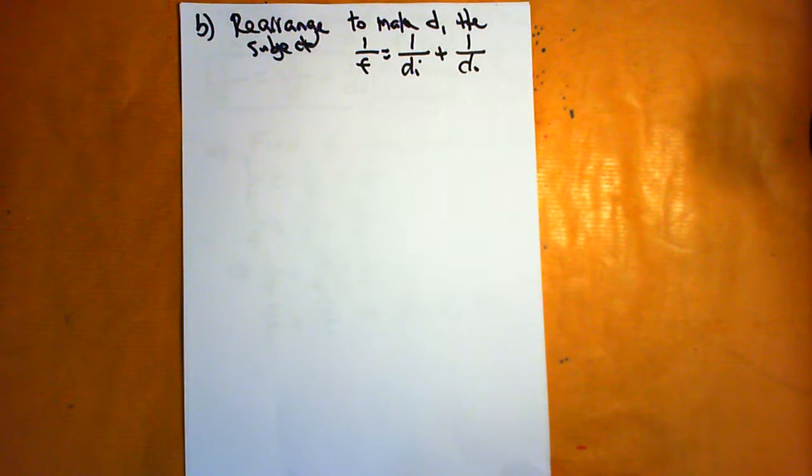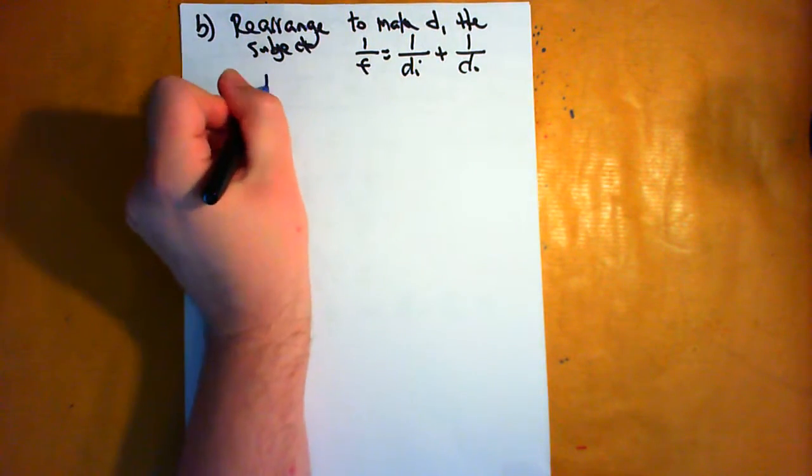If you think back to tutorial 1 question 5, I used the strategy of multiplying everything through by what was on the denominator. Here we'll use that same strategy again, which is to multiply through by everything on all 3 denominators. So times everything through by f, di, do.